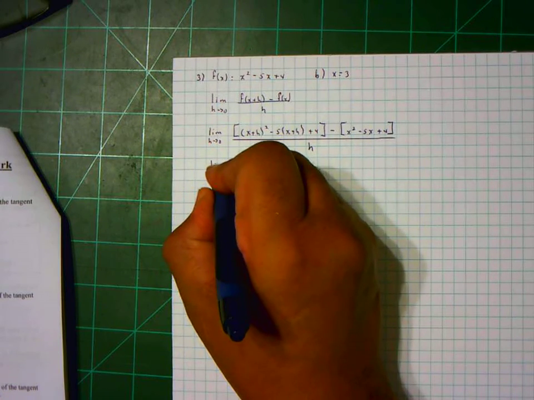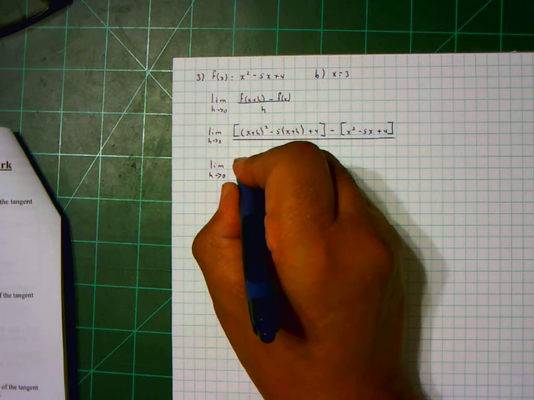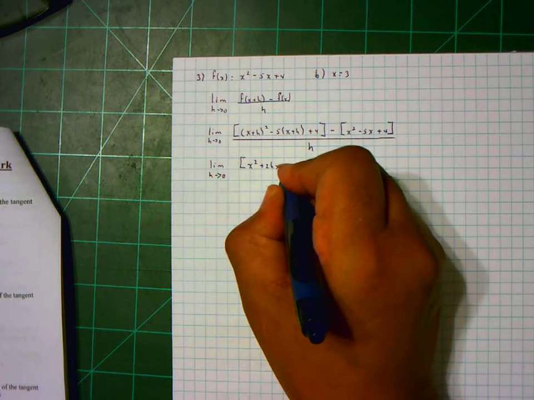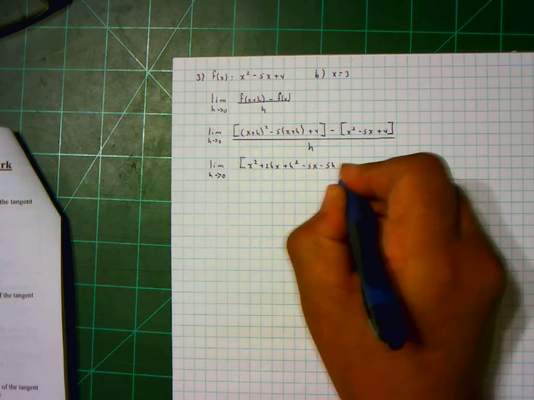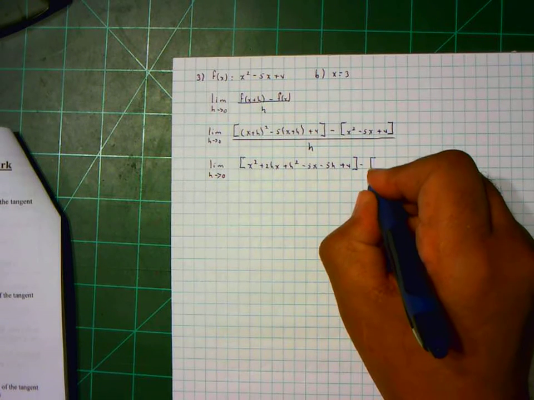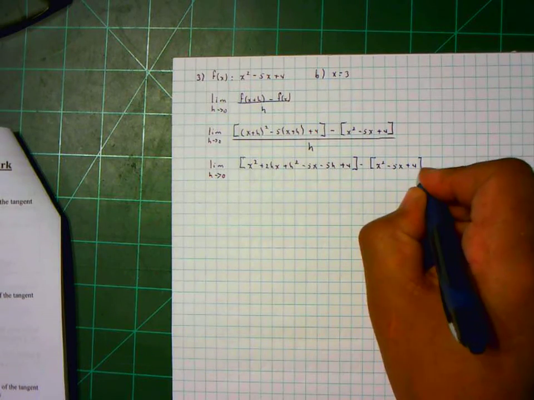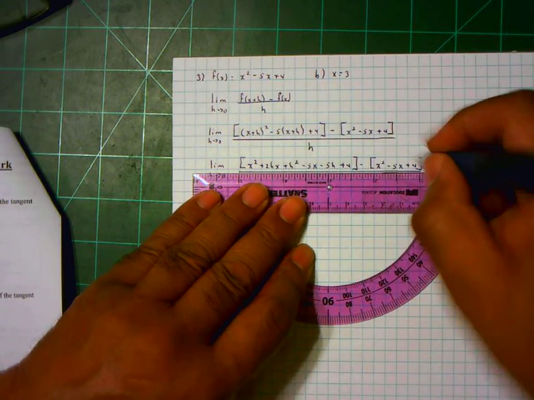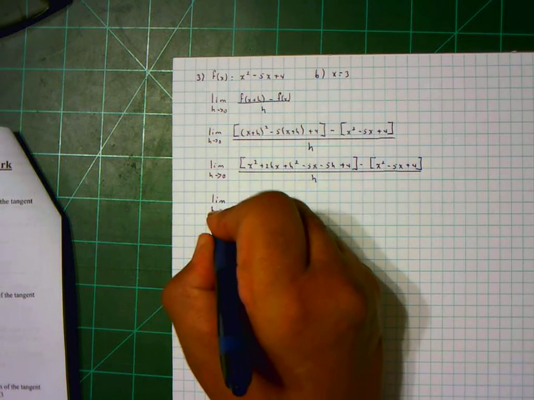So this is the limit as h goes to 0 of x squared plus 2hx plus h squared minus 5x minus 5h plus 4 minus x squared minus 5x plus 4 all over h. This becomes the limit as h goes to 0.